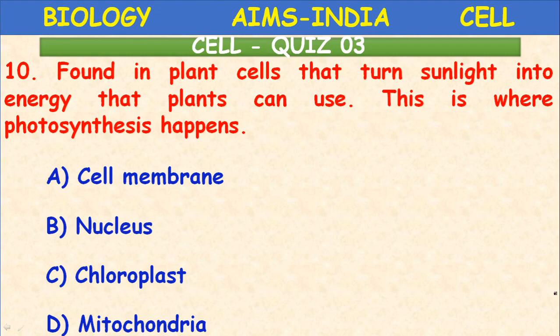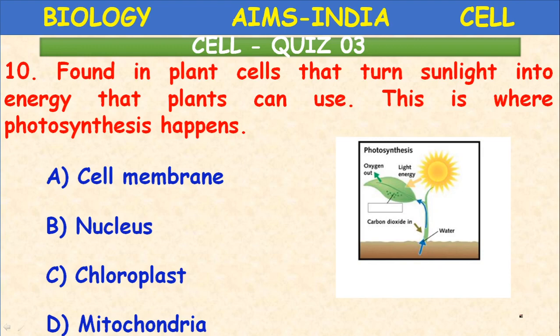In which part of the cell does it take place? This is called photosynthesis, where the light energy from sun, then carbon dioxide and water, in the presence of chlorophyll. So what is that structure which contains that chlorophyll?